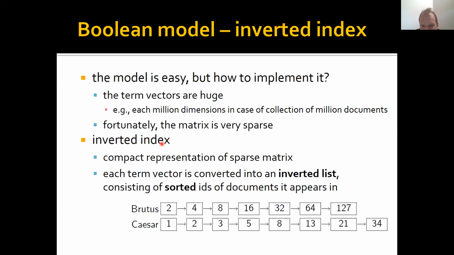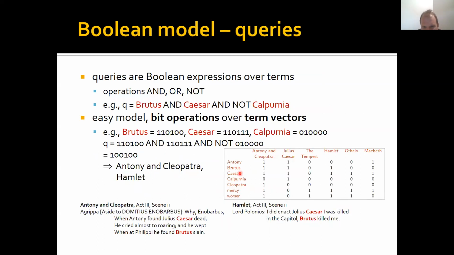We will not store IDs of documents that do not contain the term. For example, for Brutus, the inverted list would be 1, 2, 3, and it will be 3 entries. But in reality, this will be just 1% of all of these bits, right?